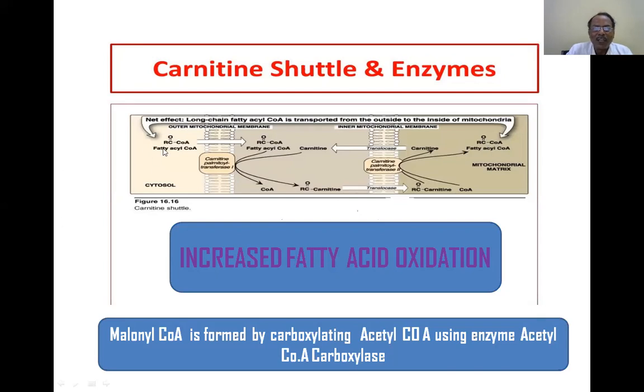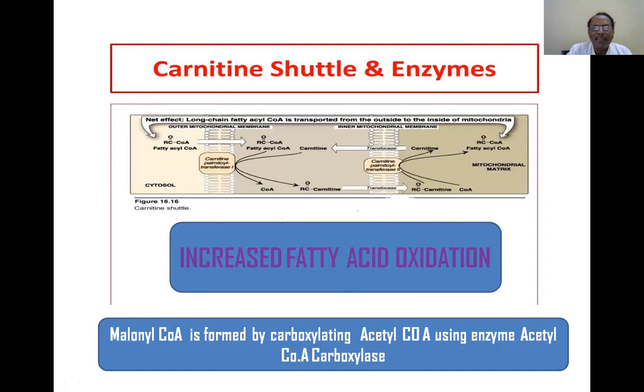That is how the outer fatty acyl-CoA crosses the membrane barrier, and the inner acyl-CoA is again re-synthesized. For this purpose, carnitine goes a roundabout from inner membrane to outer membrane. And this is the carnitine shuttle.